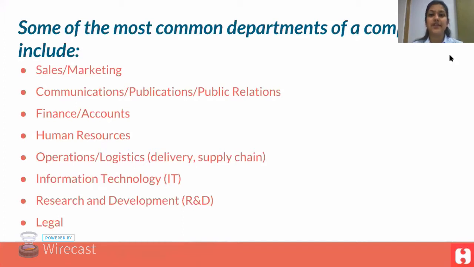These days we rely on various applications, so information technology plays a dominant role in these departments. We have research and development, which does the innovations, some research in order to bring about new products and services in the market. And then we have a legal department that takes care of the legal matters that a company gets into.